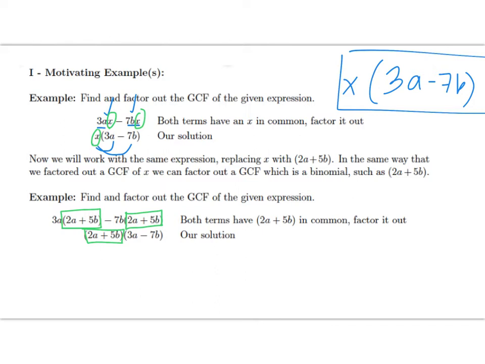Then if you think about the distributive property, if we factor that out front, we first have 2a plus 5b multiplied by 3a. That's this entire first term. And then we have 2a plus 5b multiplied by negative 7b. That's this entire second term. So that's our fully factored answer. And so it's interesting. You could have a binomial like 2a plus 5b, or you could have a monomial like x as your greatest common factor. And I don't want that to spook you.